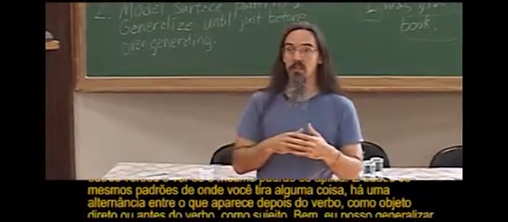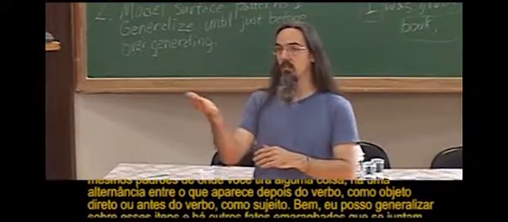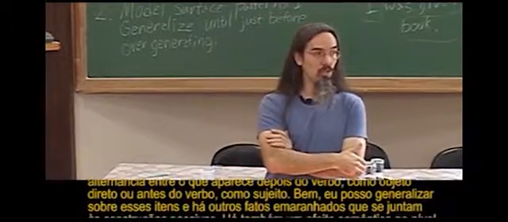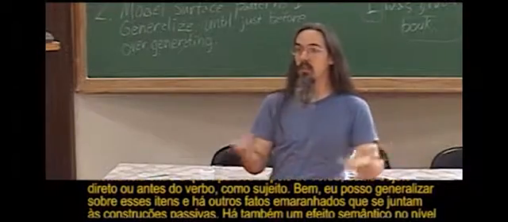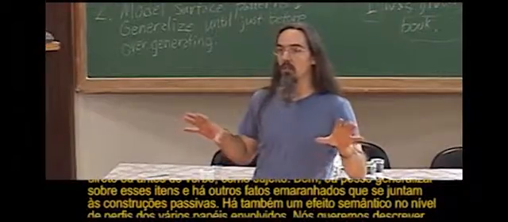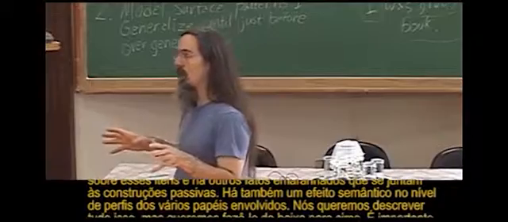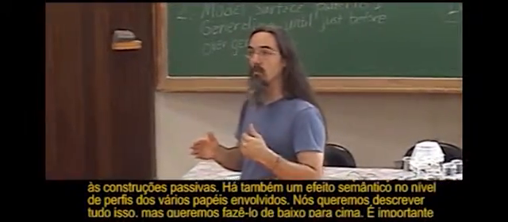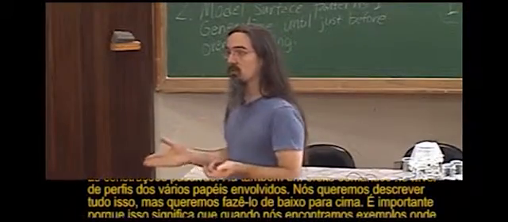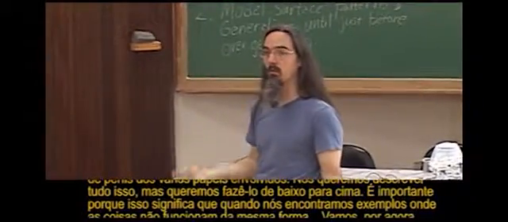Given that you have an alternation between something which appears just after the verb as a direct object or just before the verb as a subject, I can generalize over that. And there's a whole bunch of other entangled facts that go together with the passive construction. It has also a semantic effect on the level of profiling of the various roles involved. That whole thing we want to describe, but we want to describe it from the bottom up.